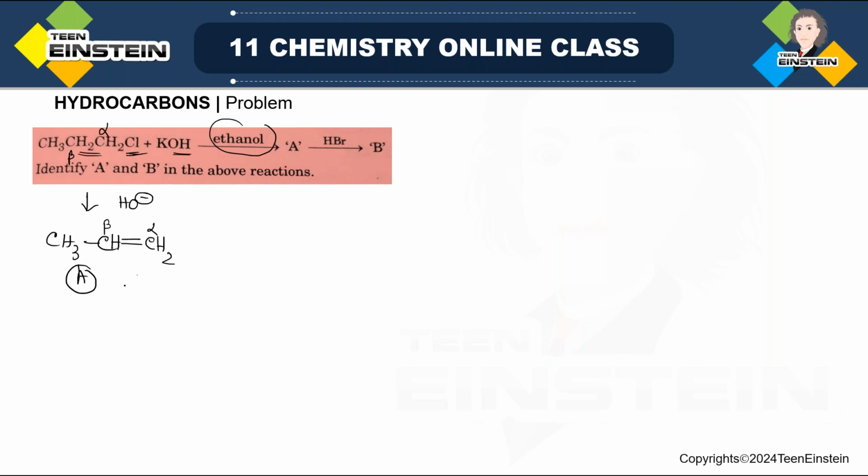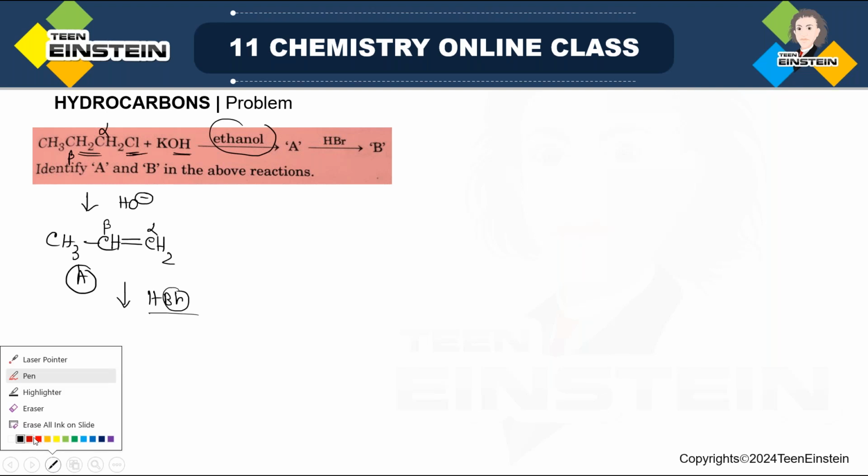Now if it is A, next you are adding HBr, and this reaction we have seen in today's class. It will be according to Markovnikov's rule, because your reagent is unsymmetrical and your alkene is also unsymmetrical. The negative part of the reagent will be added to that carbon which has the lesser number of hydrogens.